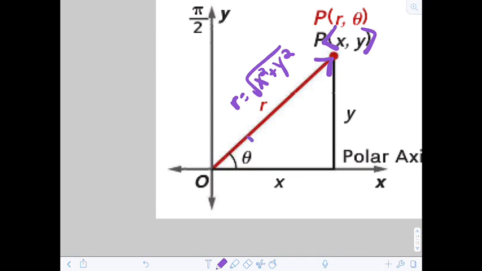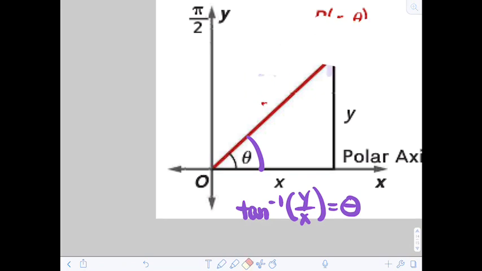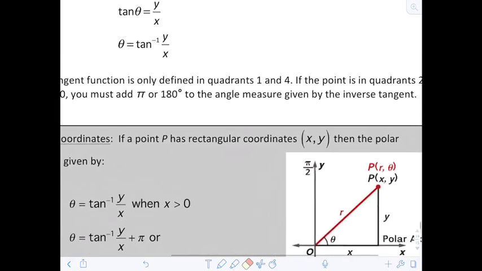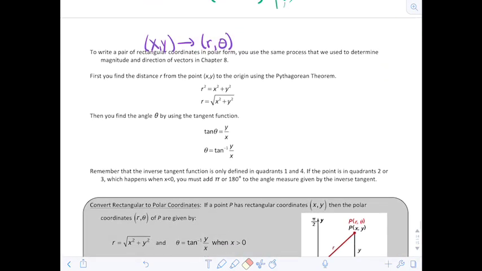Then to find the theta value, we did the tangent. We saw that the tangent of theta was y over x, so the tan inverse of y over x was how we found theta in chapter 8 when we talked about vectors. So I'm going to erase this, and we're going to go back and look at these formulas and see how it is, in fact, exactly the same.